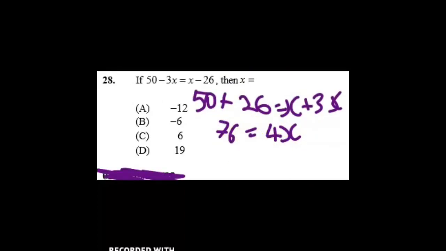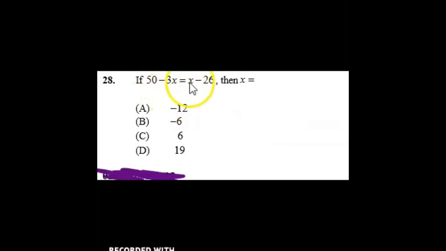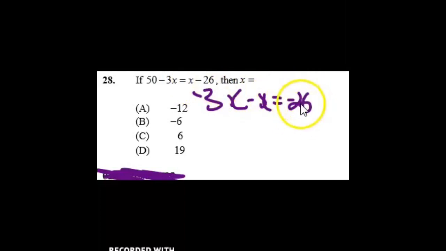50 minus 3x is equal to x minus 26. We're supposed to solve for x, so I'm going to rearrange the variables together and the numbers by themselves. So here I have negative 3x minus x, which is equal to negative 26 minus 50.